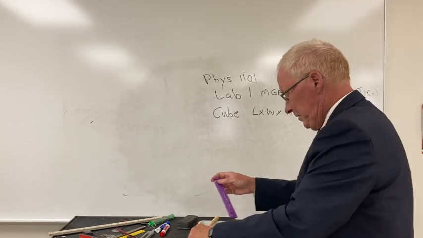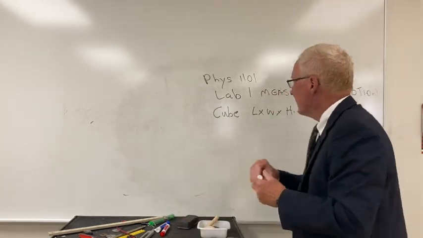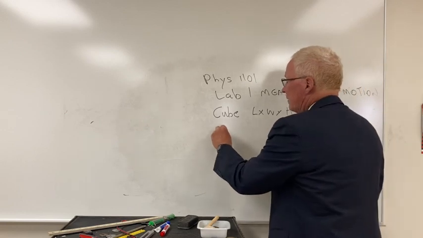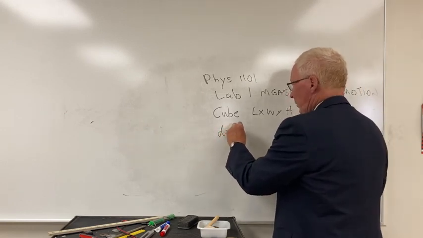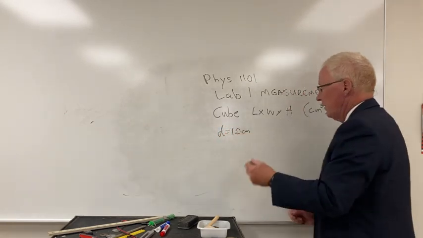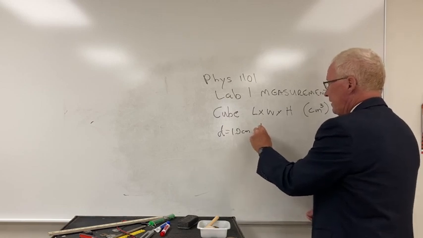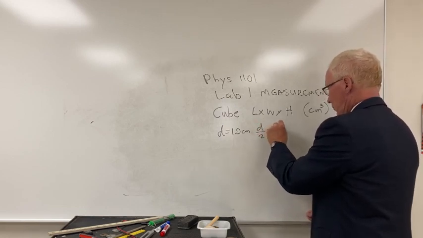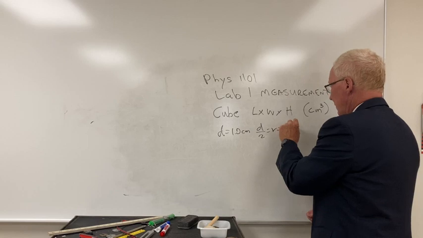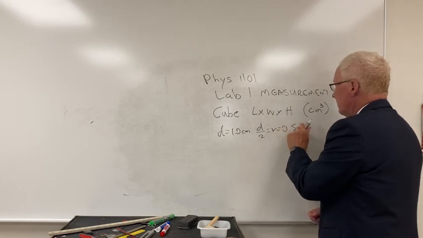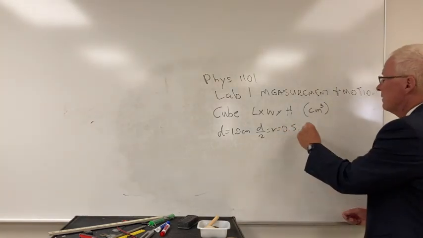And so if you measure the diameter, say the diameter is 1.0 centimeters, and the radius is half of that, which would be 0.5 centimeters.